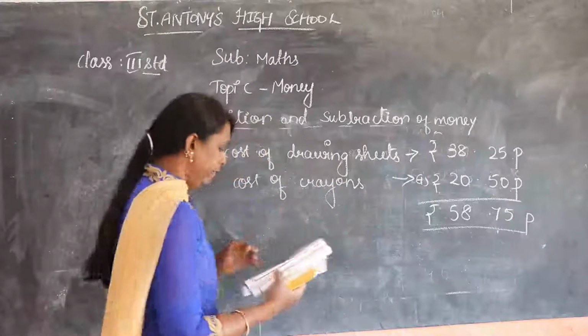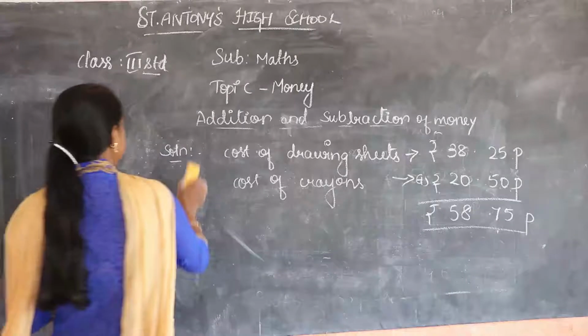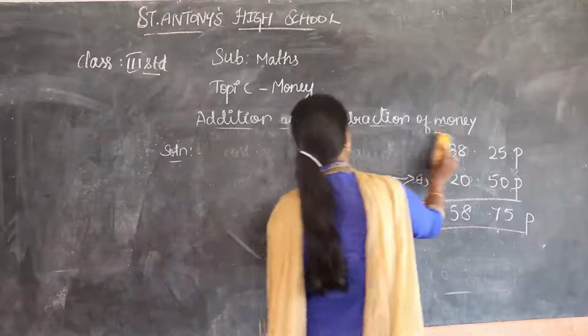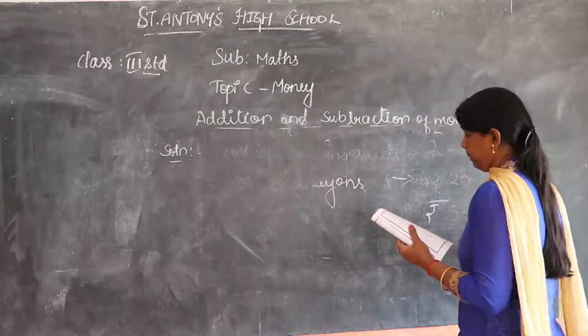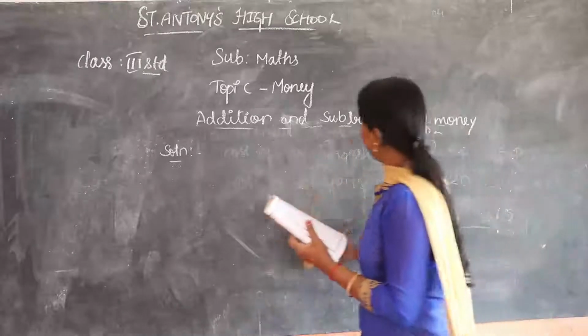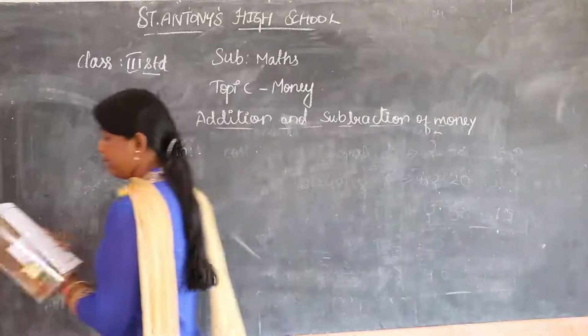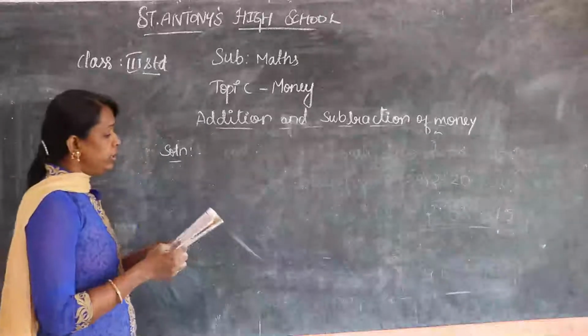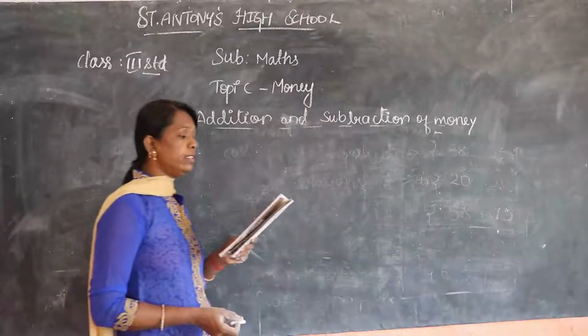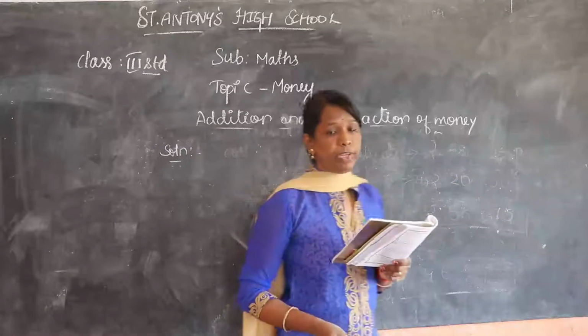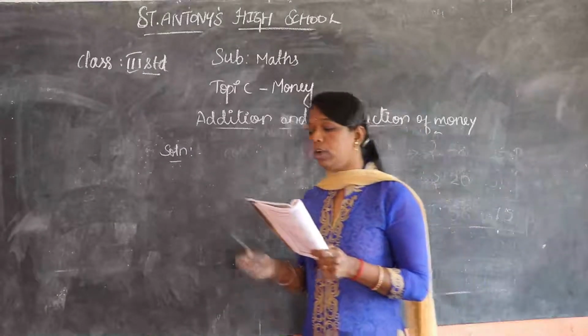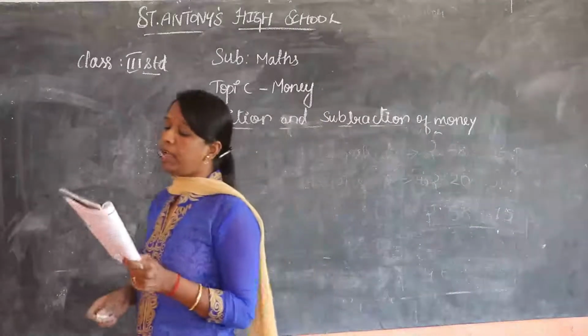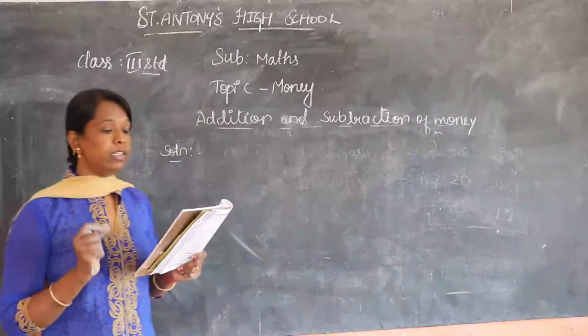Okay. Now we have to do some subtraction statement sums from your exercise, 9.4. Shashank has rupees 125.50. He purchases a doll for his sister by paying rupees 75.25.